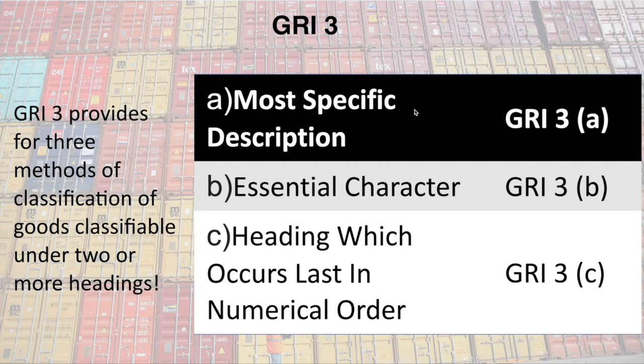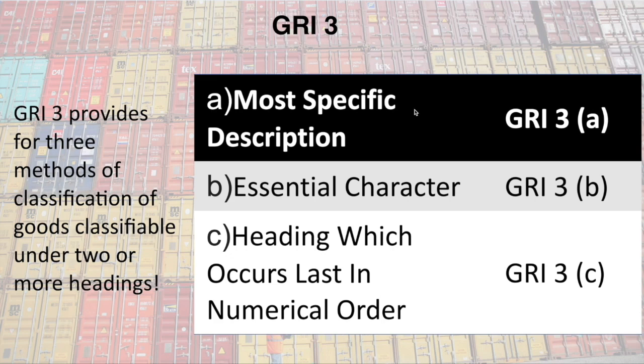First, it is a question of establishing which is the most specific item among those that can be taken into account. But if it cannot be established, then it is solved by which is the item that confers the essential character. And if that's not possible either, then the last heading in numbering order will make you take the classification decision.